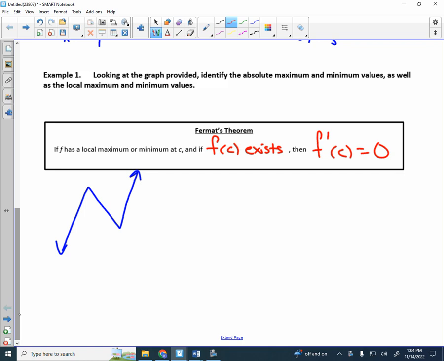I'm simply talking about these kind of graphs, nicely behaving graphs. He says, if there's a local max, which we would agree is right here, then the derivative must be equal to 0 at that spot. Make sense? And knowing that the derivative is equal to 0 at a local max or local min is super helpful.